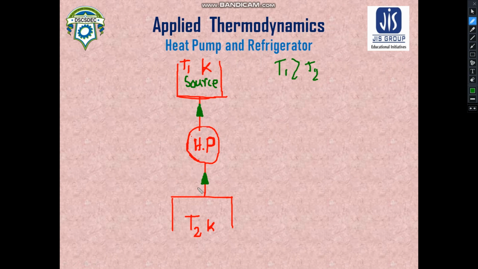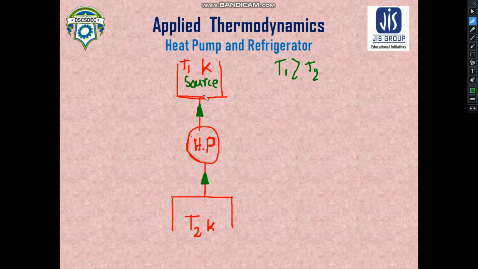So now let us move on to the discussion of the heat pump. A heat pump takes heat from a low temperature reservoir which is maintained at T2 Kelvin, and it rejects heat to the high temperature source which is maintained at T1 Kelvin. Now this is exactly opposite to the spontaneous process. That means heat can't spontaneously flow from low temperature to high temperature.